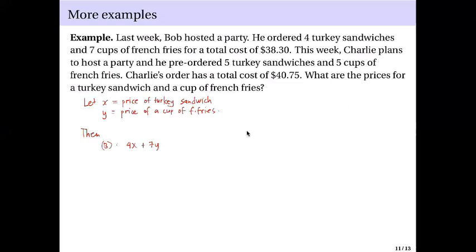And the total is 38.30. And for Charlie, he pre-ordered 5 turkey sandwiches, so you have 5x, and then 5 cups of French fries, you have 5y. This is equal to 40.75.